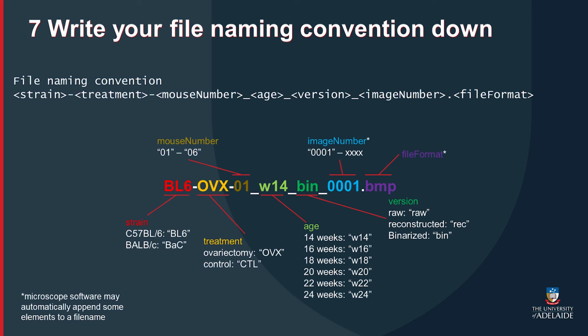And the mouse strain accepts values of only BL6 and BAC. For treatment, only values of OVX and CTL, and so on. And I've listed, where reasonable, remaining attribute values here. And that's it. When your colleagues ask for these files, you could simply share the images alongside this document that describes the naming convention.